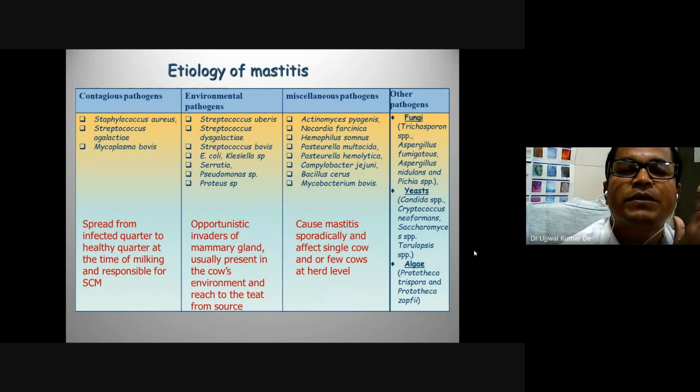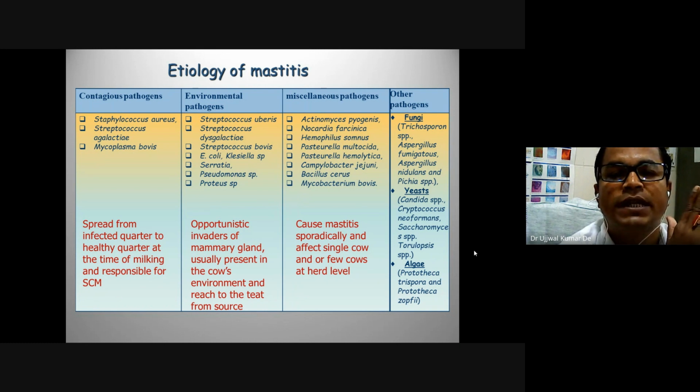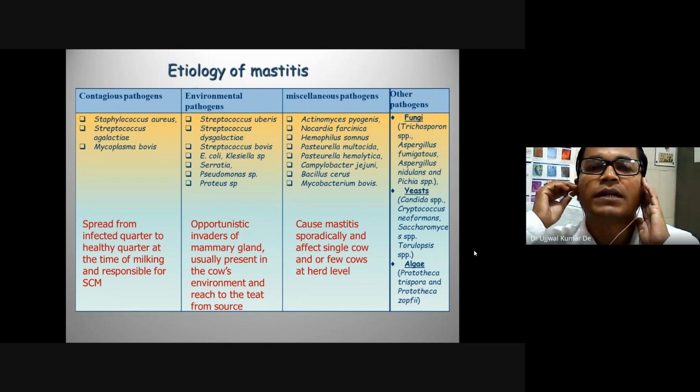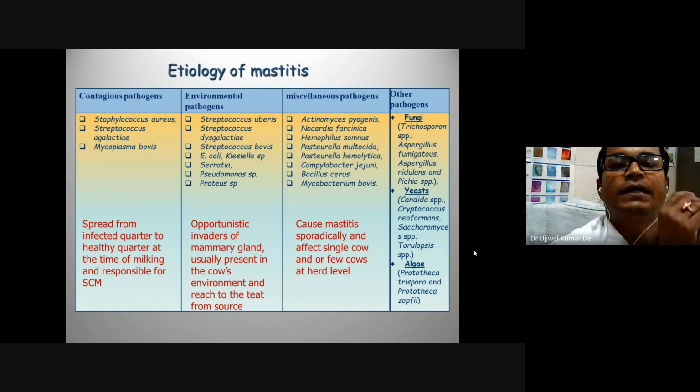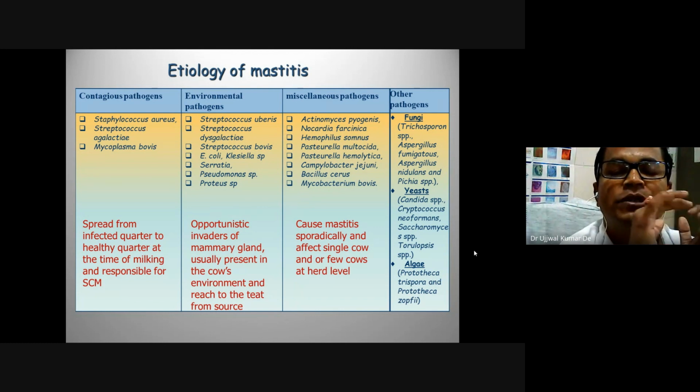Then there are environmental pathogens. They are mostly the Streptococcus group, then Escherichia, Klebsiella, Pseudomonas, and so on. These are called environmental pathogens. These pathogens are not generally present on the cow's surface or udder. They are found in the cow's nearby environment.